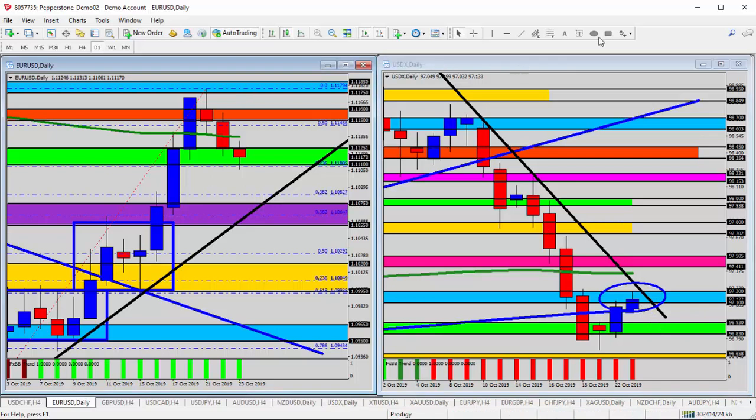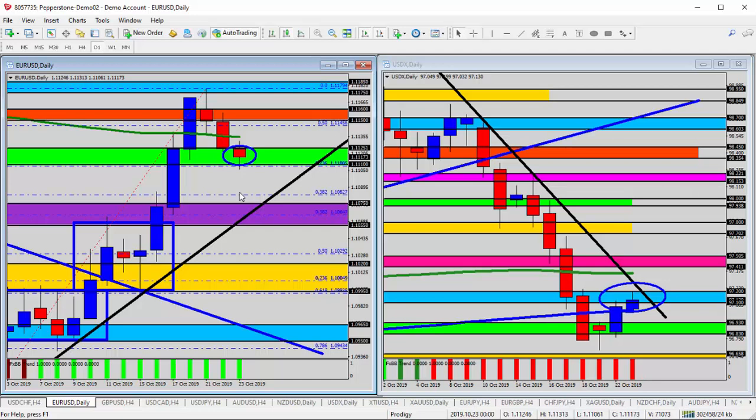And then on the left-hand side, we are finding support into the green zone.